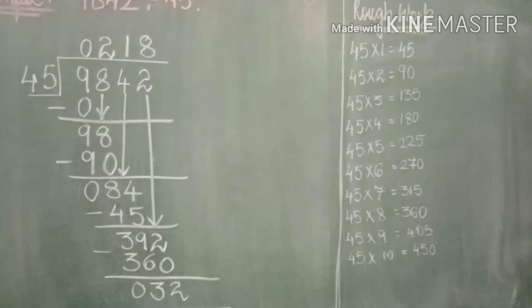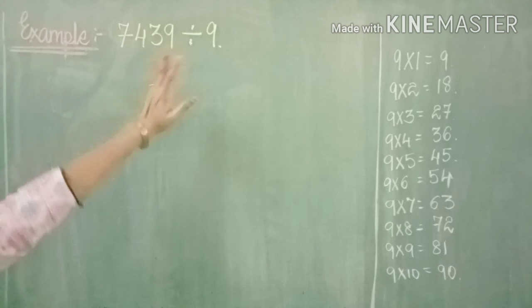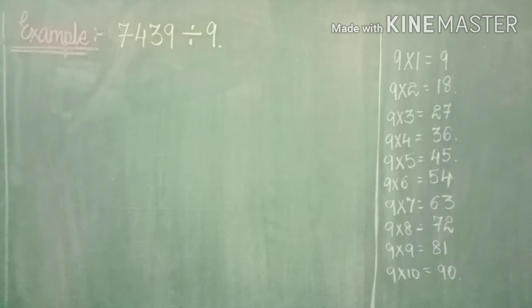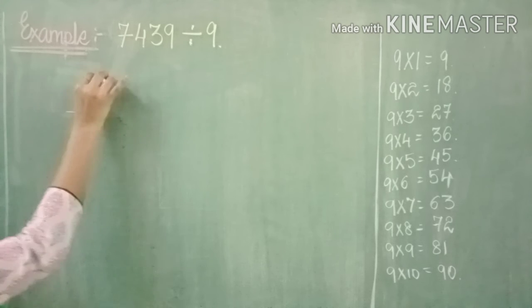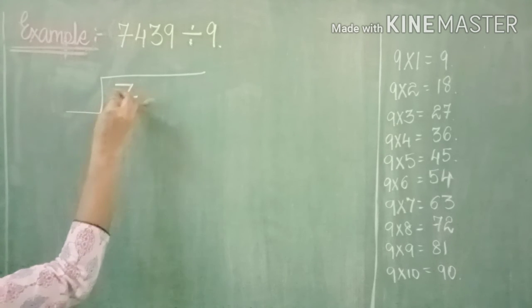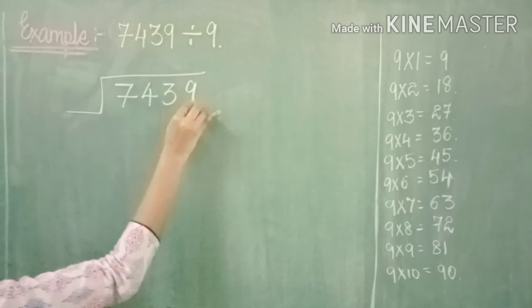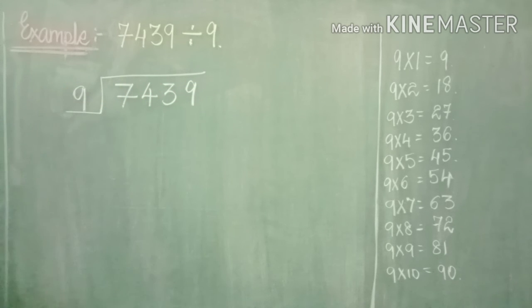Let's do 2 more extra problems. Okay students, let's start with the next example. As you can see on the blackboard, this example is written as 7439 divided by 9. So first we will draw a line. We will write the dividend, that is 7439 divided by 9.